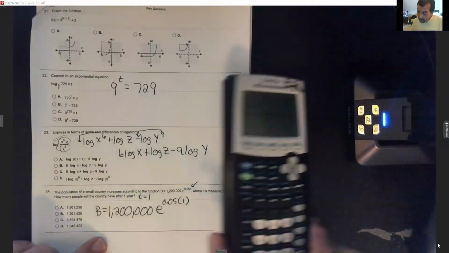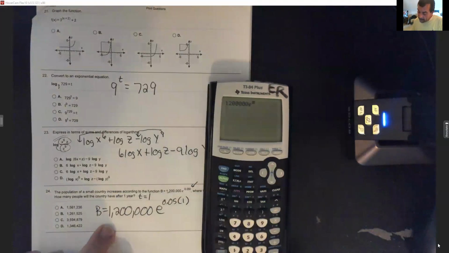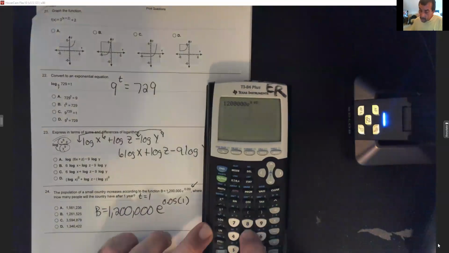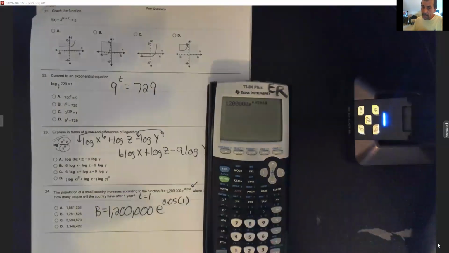All right, so here we go. Clear that screen. 1,200,000. E is second, ln, because we want the one with the exponent, and then it's 0.05 times 1. Remember, older calculators, it gives you parentheses, so do your 0.05 times 1, close parentheses.